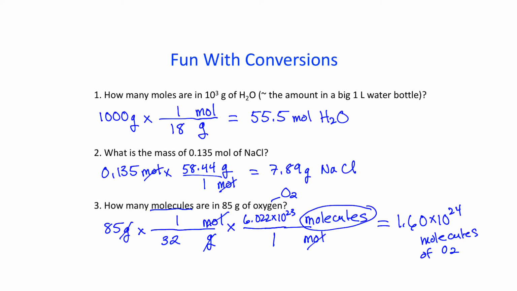Okay, well, hopefully this helps you feel comfortable doing these conversions with grams and moles and molecules, putting our molar mass and our Avogadro's number into use. This is a really powerful skill to develop. You're going to use this throughout the rest of your chemistry career, so it's really important that you feel comfortable doing these types of conversions.